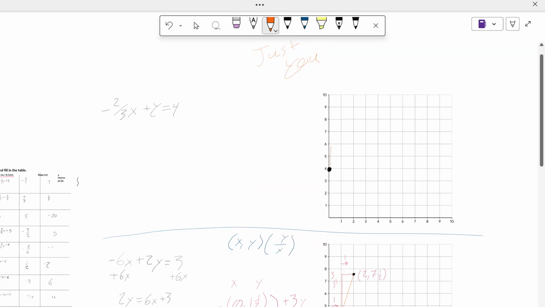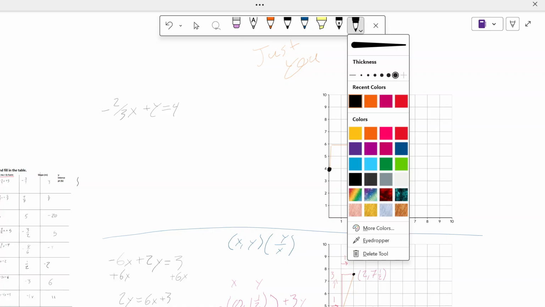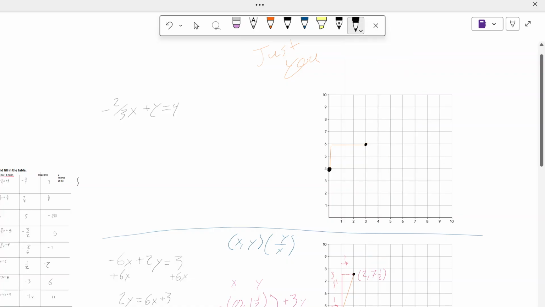We went up 2, and then we went over 3. And then we got it out right here. And then we went up 2. We went back over 3. And that'll give us this line from here to here.